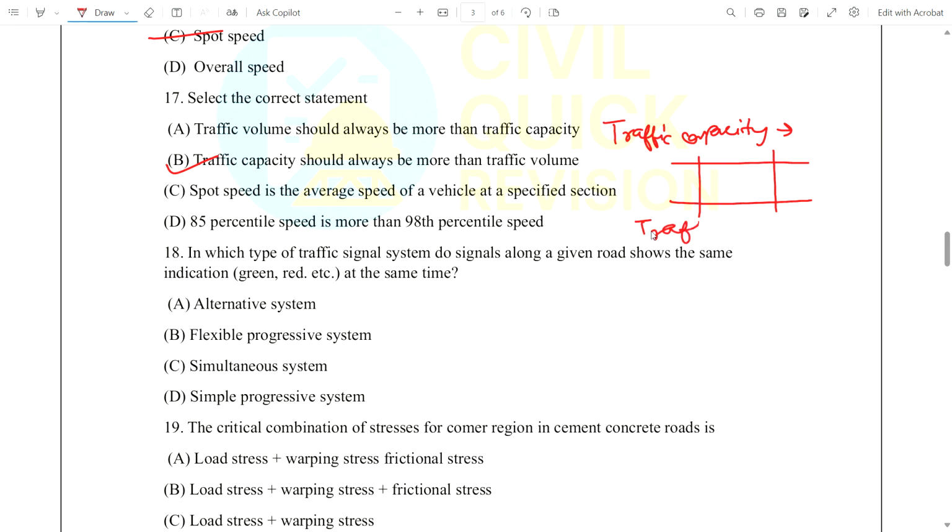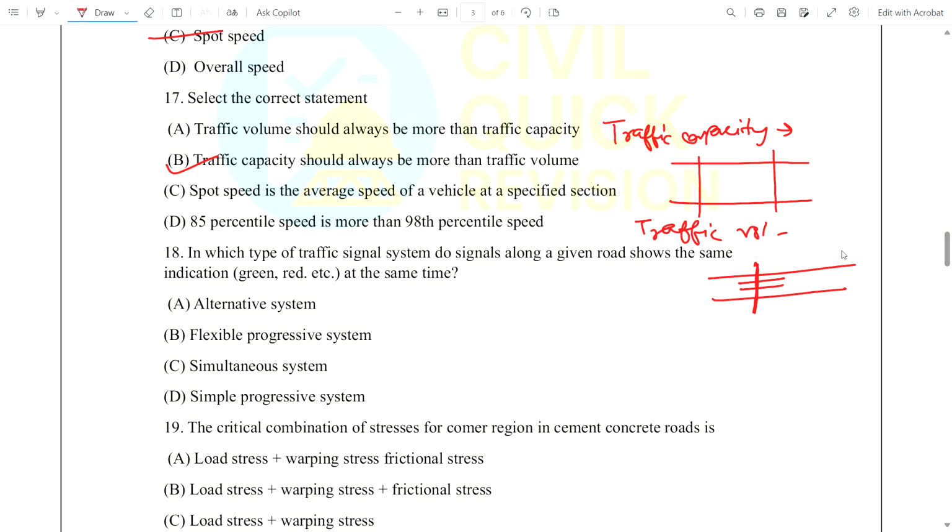Traffic volume refers to the actual number of vehicles passing a point on the roadway. At a particular point, how many vehicles have passed, that is traffic volume. Okay. So here our answer is traffic capacity should always be more than traffic volume.